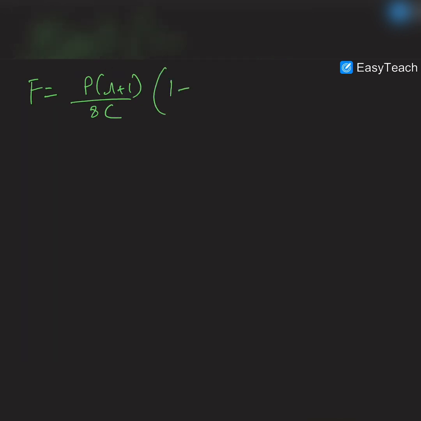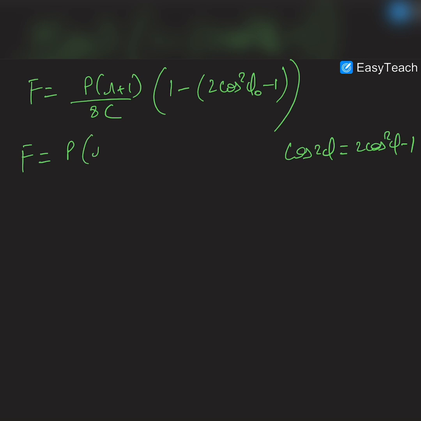We know the identity that cos 2 phi is equal to 2 cos square phi minus 1. So it can be written as 2 cos square phi naught minus 1. Okay, so F will be equal to P into r plus 1 upon 8c, and we'll be taking 2 as common.